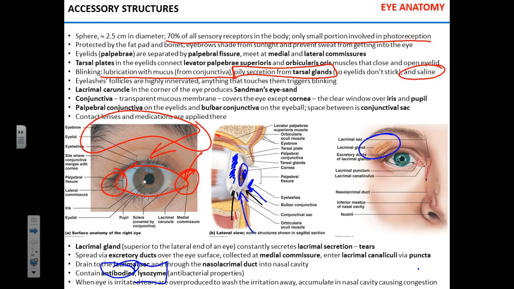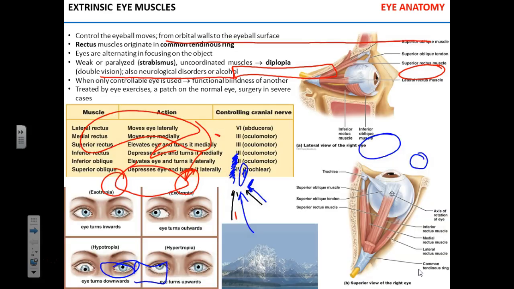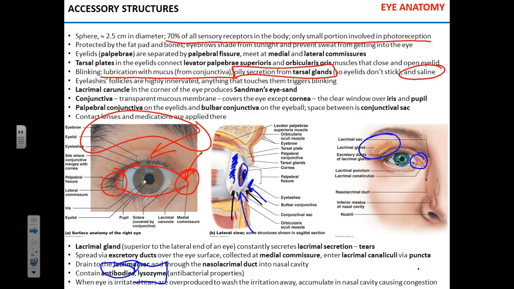Tears then reach the medial commissure and drain through the lacrimal punctum. Punctum means like perforation, and lacrimal canaliculi, into the nasolacrimal duct, which enters the nasal cavity.